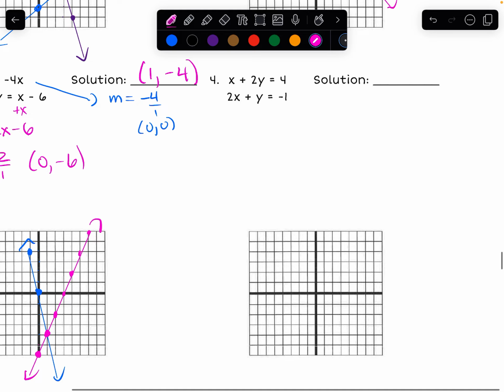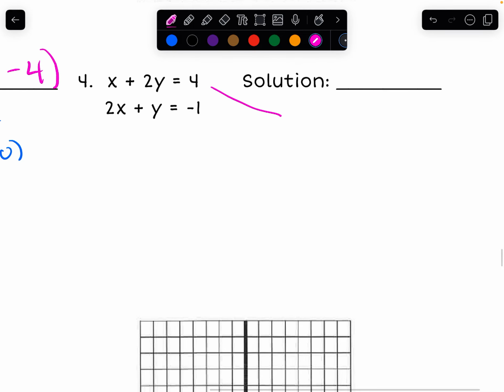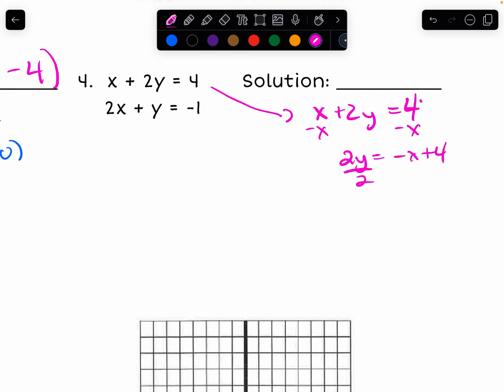Okay, if I look over here, neither one of them is solved for y, so I need to solve each of them for y. I'm going to subtract x from both sides. I get 2y equals -x plus 4. I divide by 2, and y equals -1/2 x plus 2.